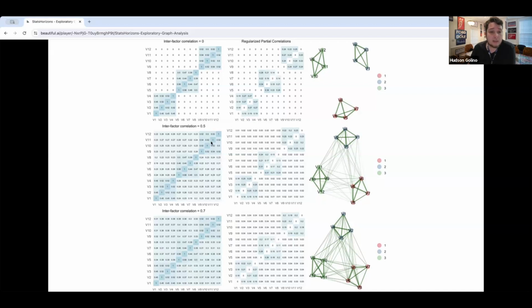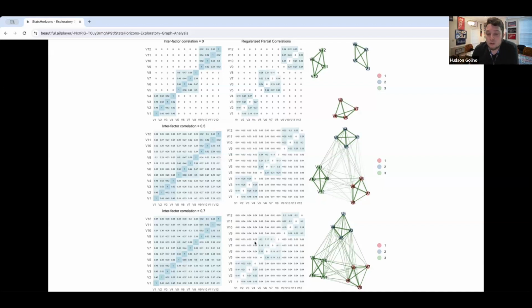Just look at the heat maps in the left, especially the last one here in the bottom. Just by looking at this heat map, so this is a correlation matrix plotted as a heat map. It's very difficult to visually see how the variables are clustering, right?